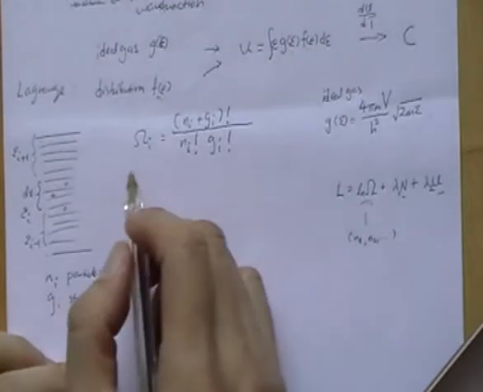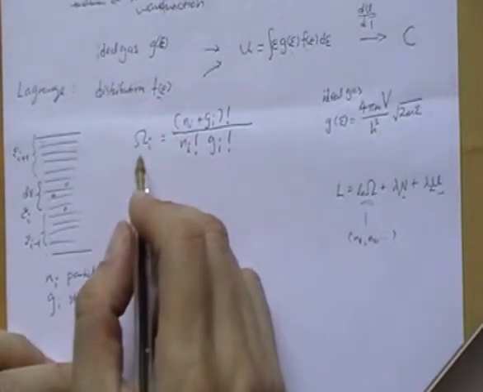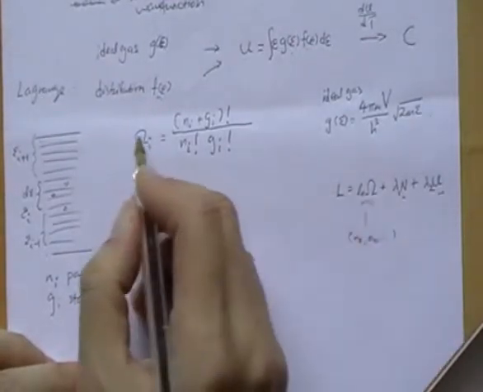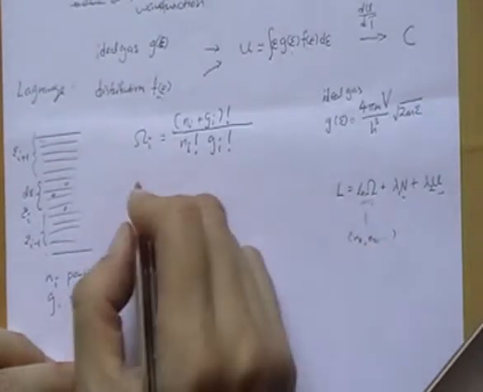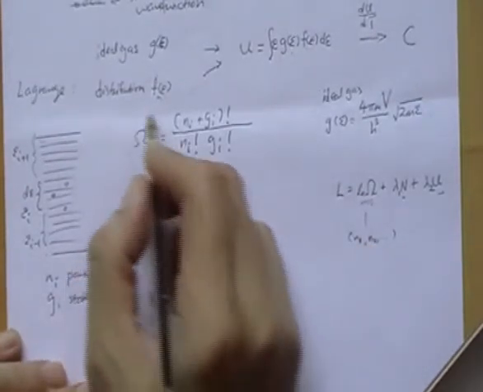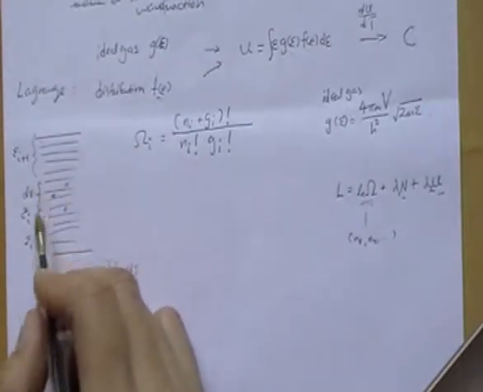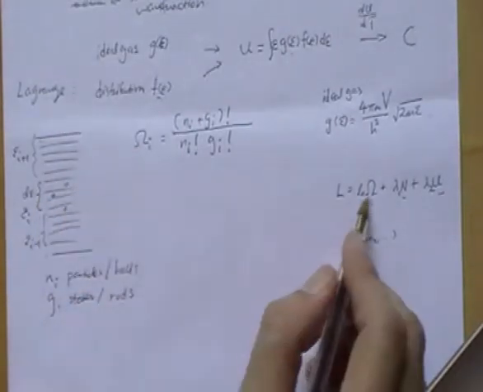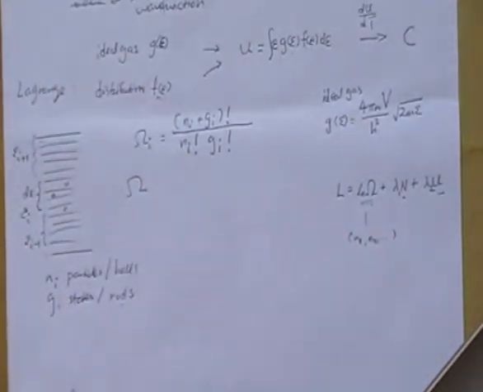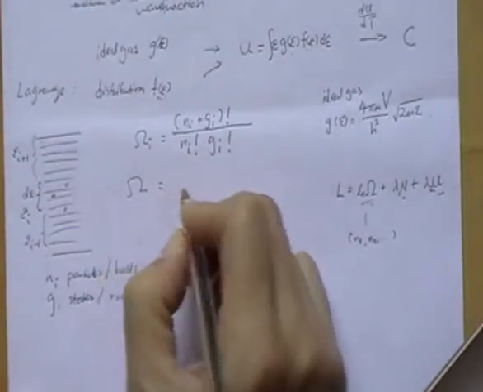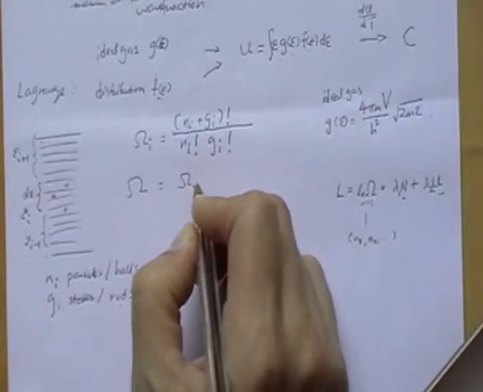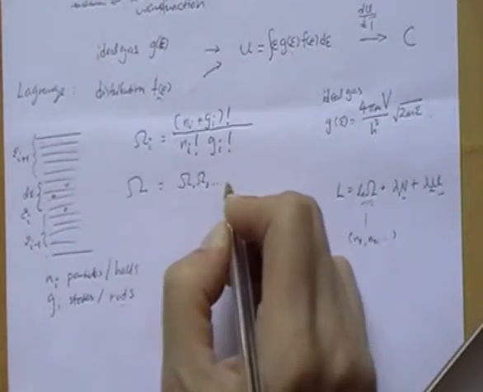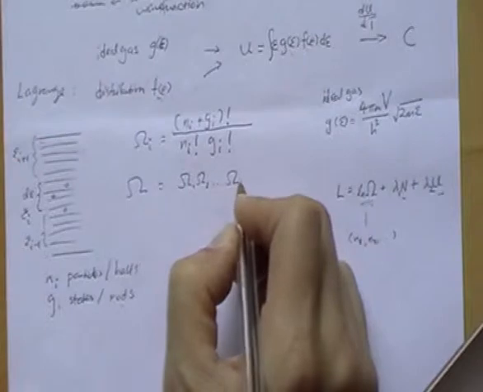So eventually, we'll need to make omega from here. And the way to make omega from here is to say, this is the number of arrangements within one interval. Now to get the number of arrangements, omega, over all intervals, for all energies of all particles, we need to multiply the number of arrangements for all intervals.